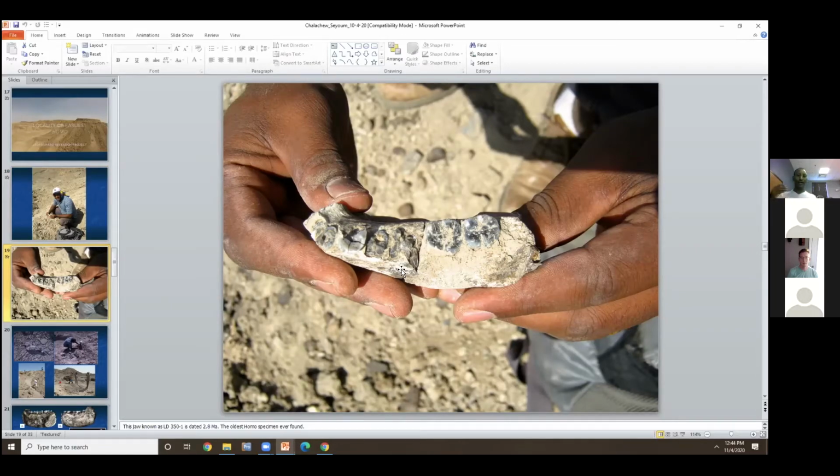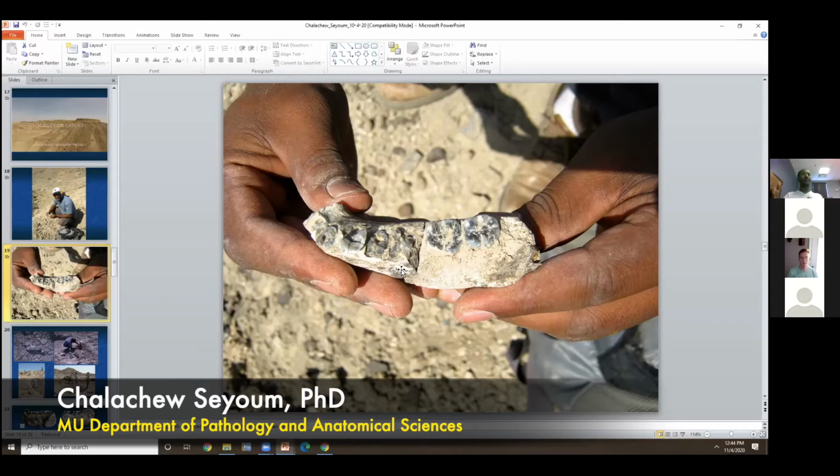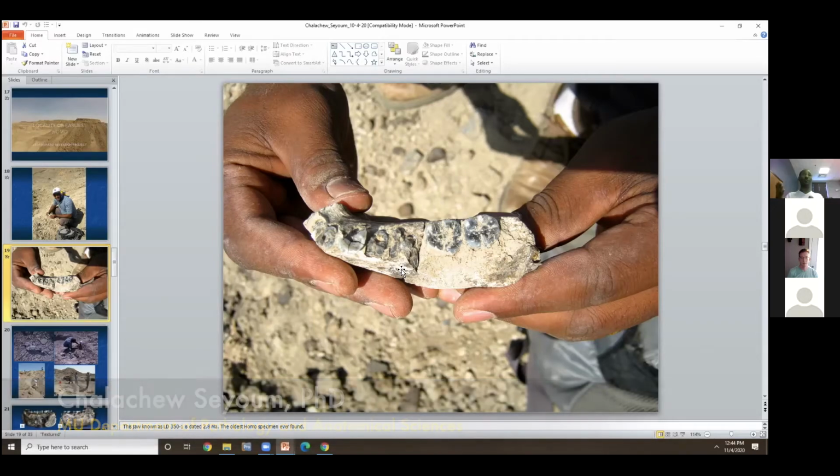I immediately realized that's going to be really important, because we already know how old that sediment is. No matter what kind of species it is, it will be very interesting. When we first looked at it, we thought, this is small, it looks like Australopithecus afarensis, which we don't have representatives older than 2.95, but we know this sediment is younger than 2.8.